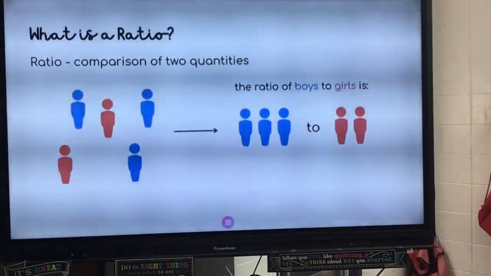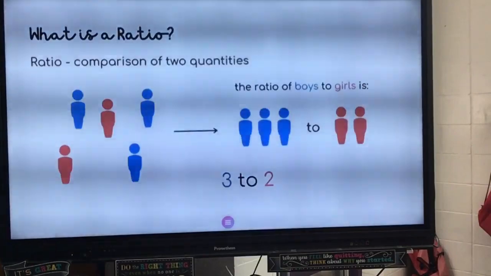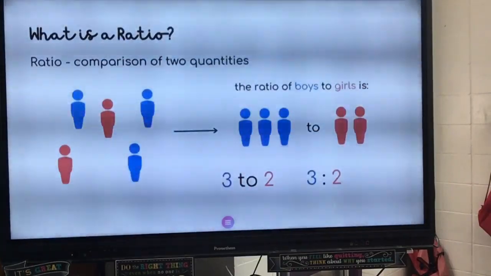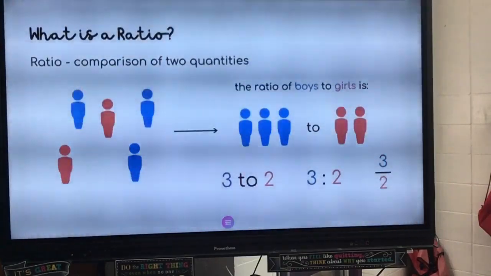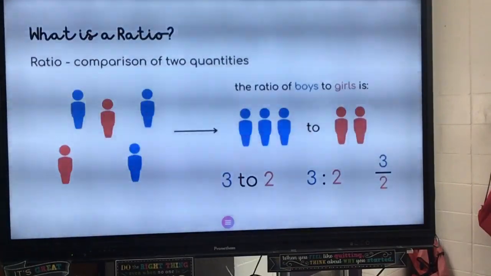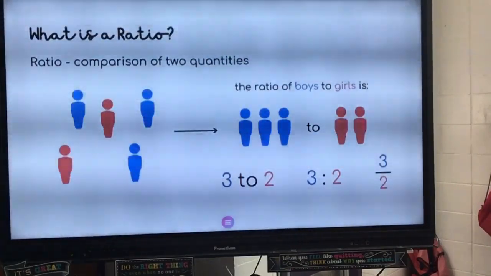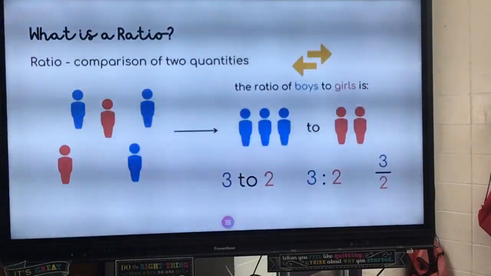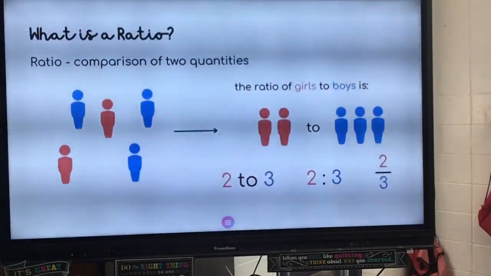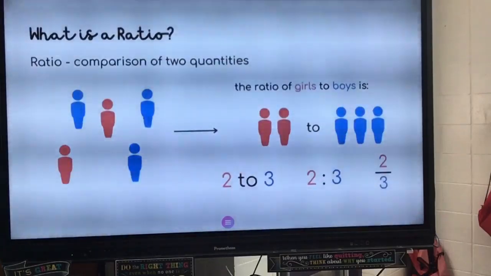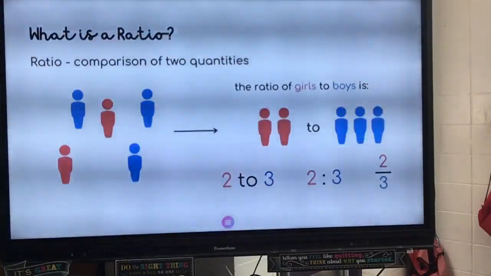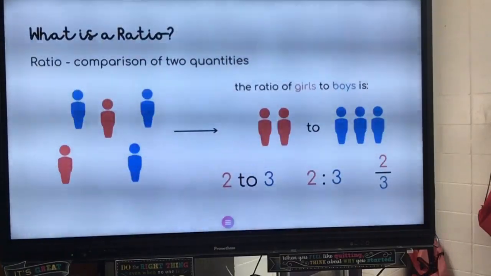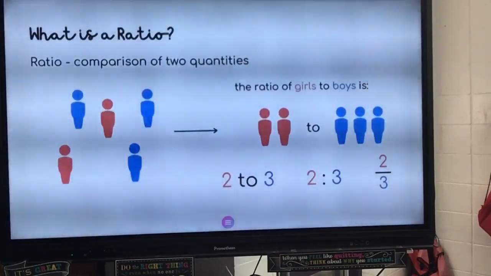You can write the ratio as 3 to 2, or 3:2, or 3/2. But out loud, you would just say that the ratio of boys to girls in this group is 3 to 2. You can also flip it and say the ratio of girls to boys is 2 to 3. Either way, you're saying the same thing, that there are more boys than girls in this group.